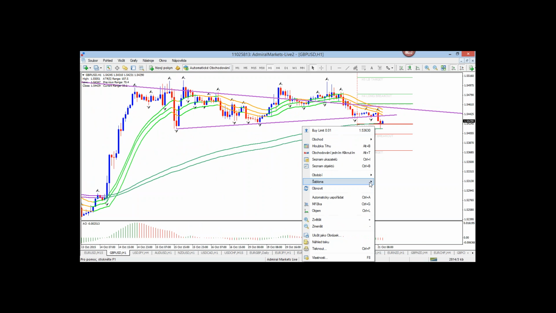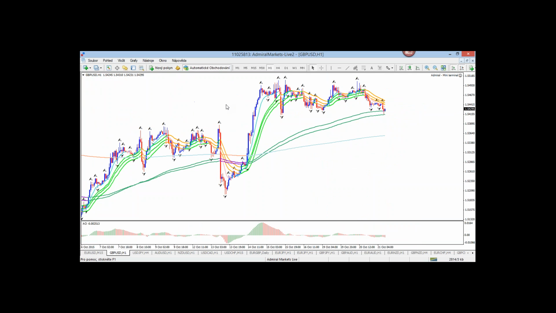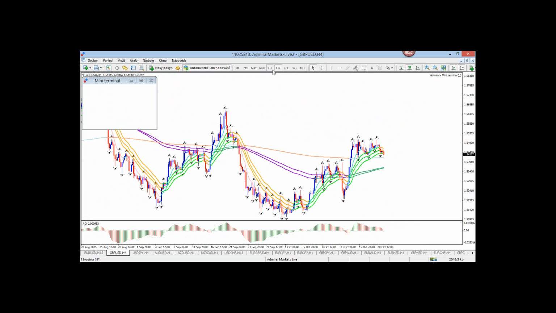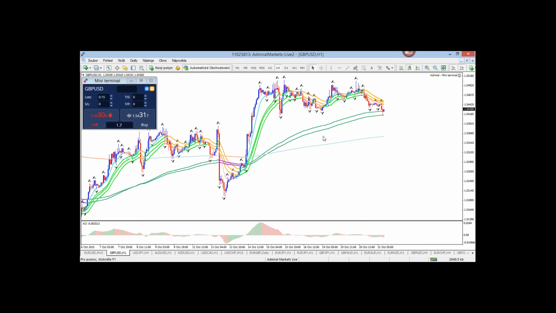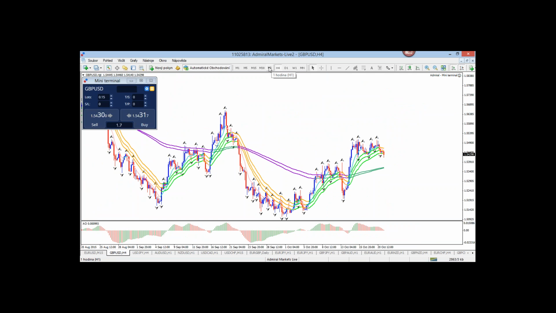Let me put a different template on. From a 4-hour perspective, here too, there's a reversal potential back to the tunnel.